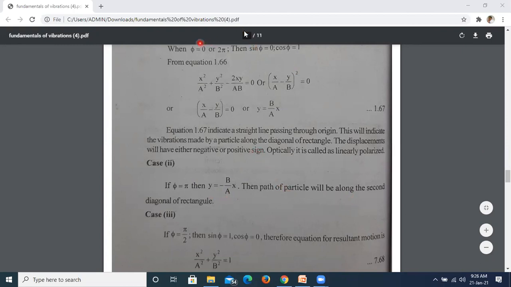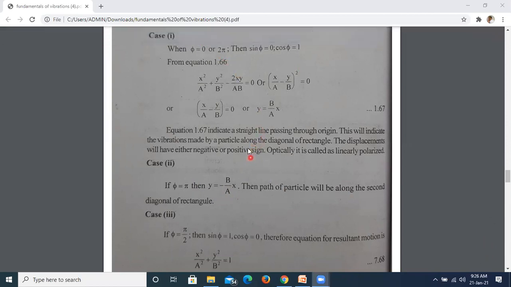So, if you take the rectangle, I am drawing here. One particle is vibrating along the x-axis, and another particle is vibrating in simple harmonic motion along the y-axis.